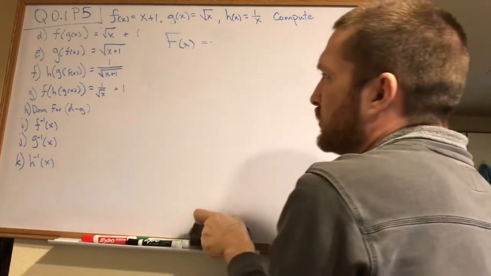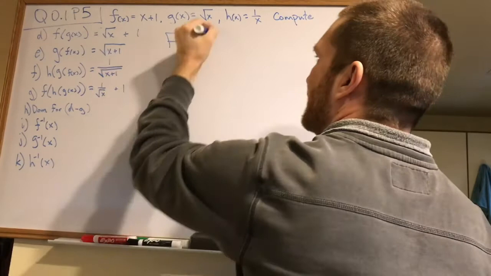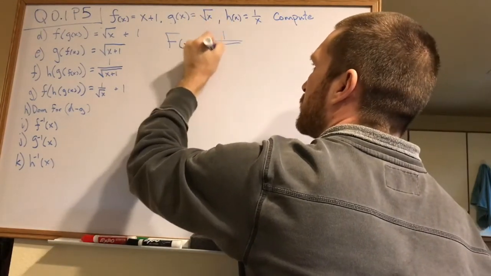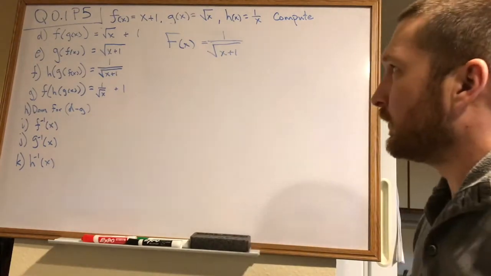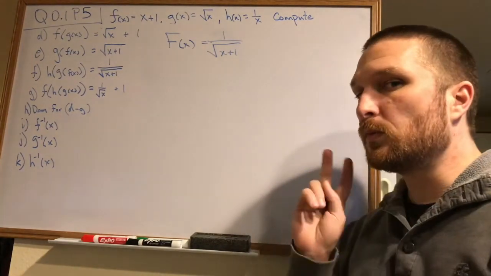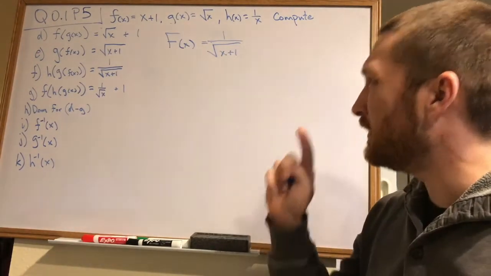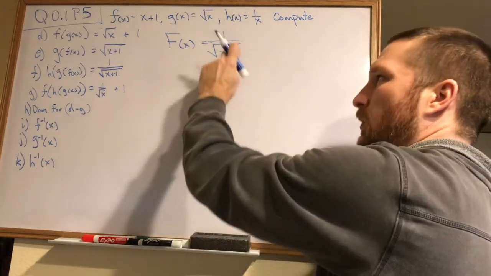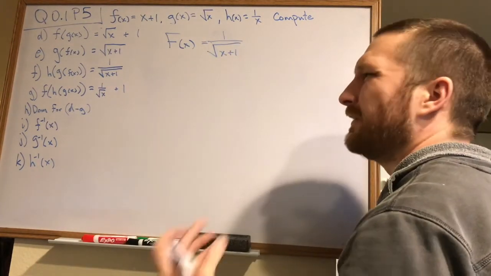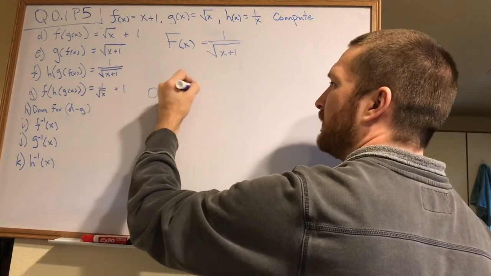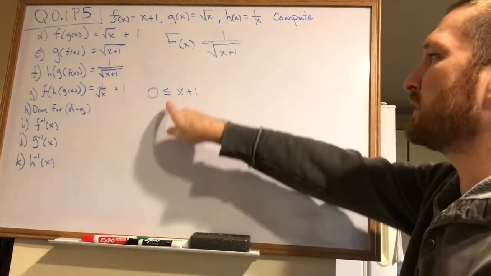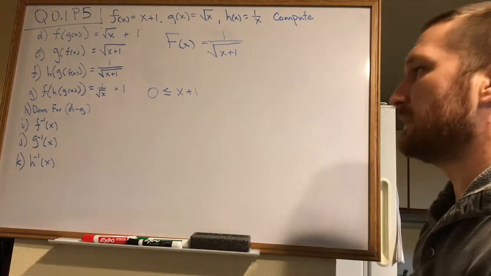Okay. Now, for the next one, this guy, 1 over the square root of x plus 1. When I look at that, I'm thinking, okay, now we have two problems, right? One of these problems is the square root thing that we just saw before. And in fact, from the work that we did before, we know that what goes in there must be bigger than or equal to 0.